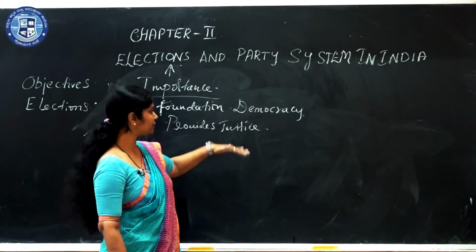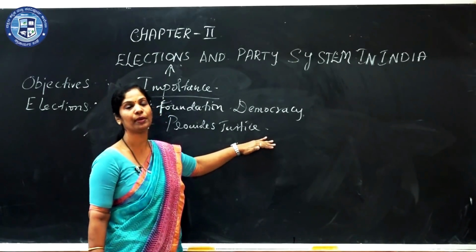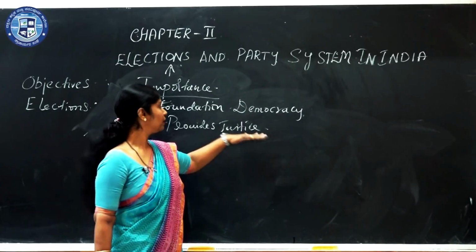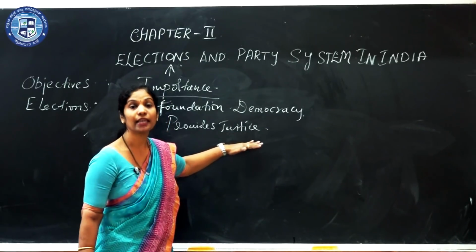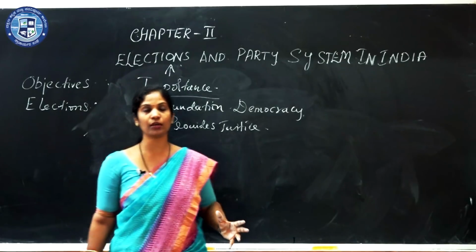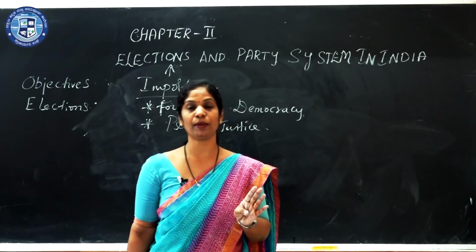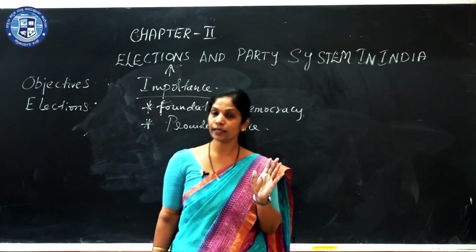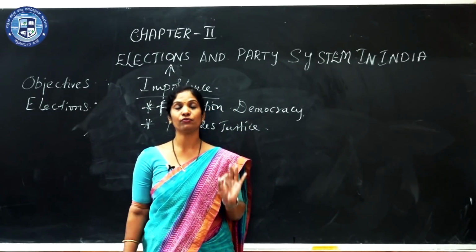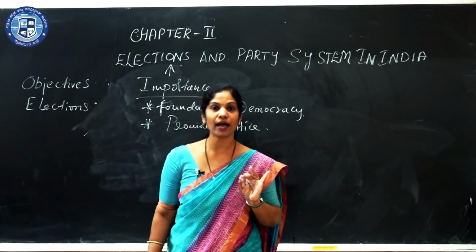Justice is provided to the people only if equality is given to the people. So what kind of equality? It may be economic equality, social equality, and of course, political equality.